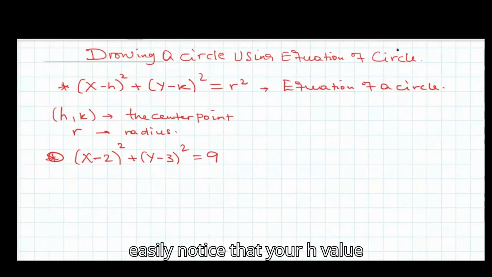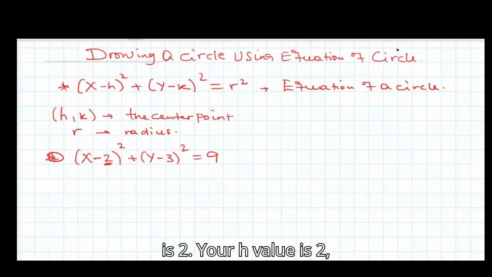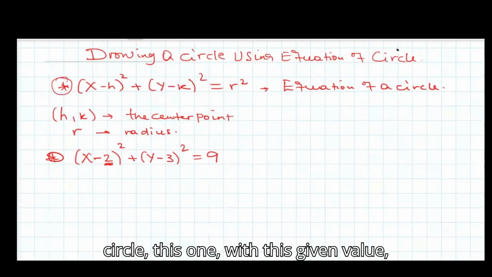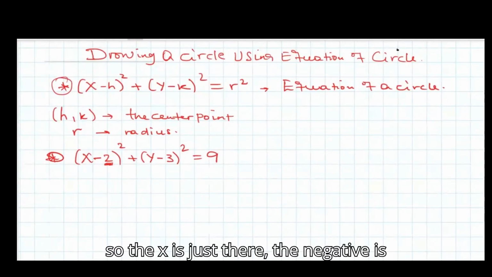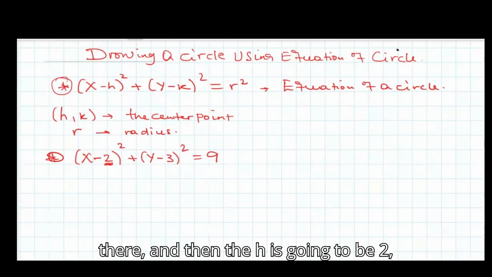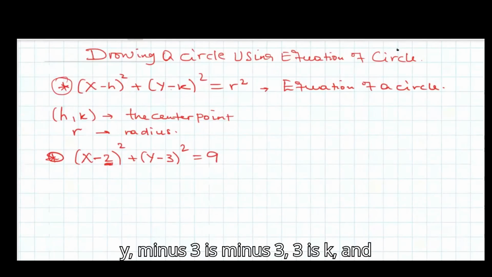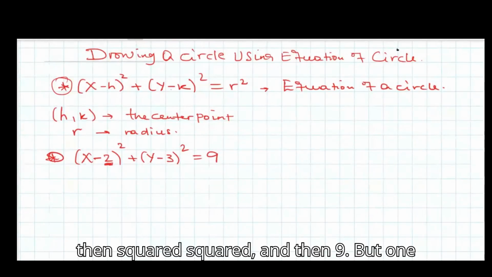From this you can easily notice that your h value is 2, because if you compare the equation of a circle with this given value, the x is there, the negative is there, and h is replaced by 2. Then y is y, minus 3, so k is 3, and then 9.